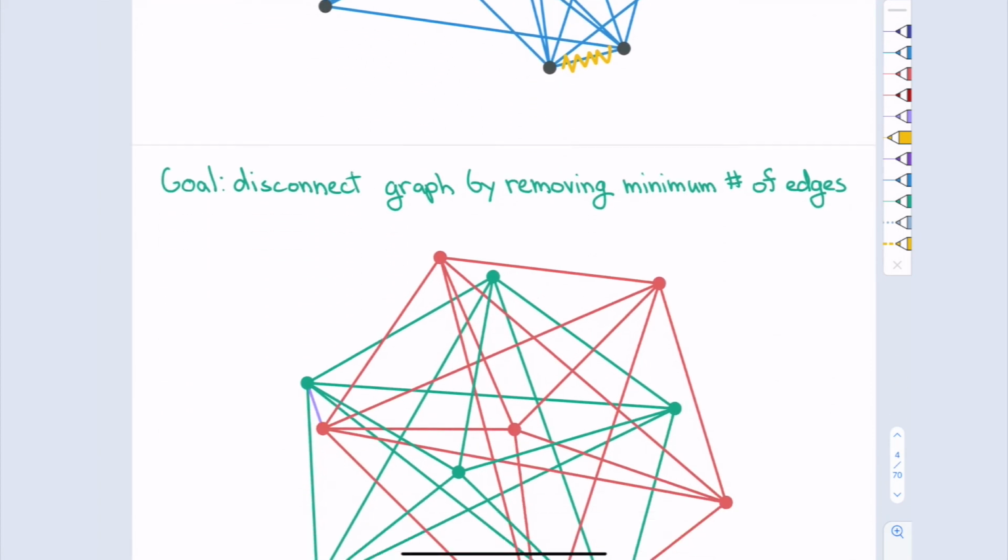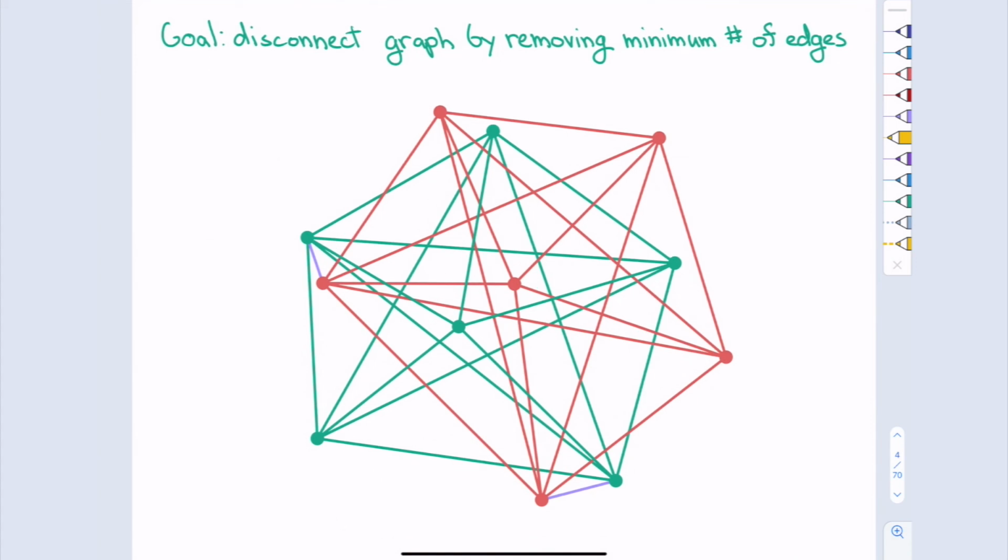I took two dense graphs and overlaid them on top of each other and then barely connected them by two edges. The two dense graphs themselves have very strong connectivity, a very large minimum cut because everyone's connected to each other, but there's this bridge of two purple edges. So the minimum cut here would have been 2, which is less than the minimum degree in the graph.